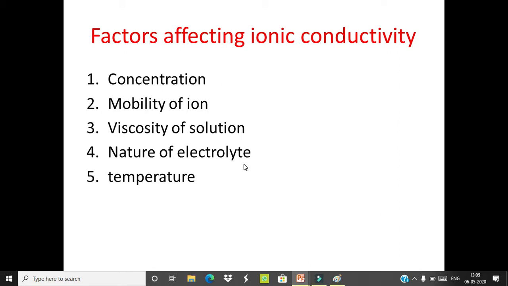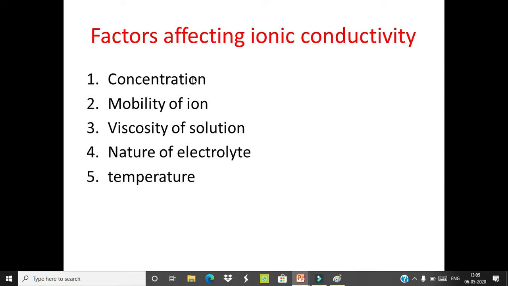Ionic conductivity is higher in the case of polar electrolytes. In a highly viscous solution, ionic conductivity is very low. In case of mobility, if ions show great mobility, then it will also result in high ionic conductivity.